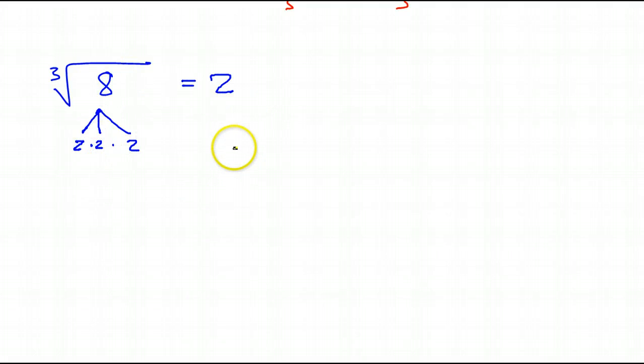Okay, so the cube root of 8 is 2. Well, that means 8 to the 1/3 power should also equal 2. Alright, so if the root is going to be 3, then that would go in the denominator. And this is like 8 to the 1 power, but we don't show the 1. So cube root should be the same thing as 1/3 power.